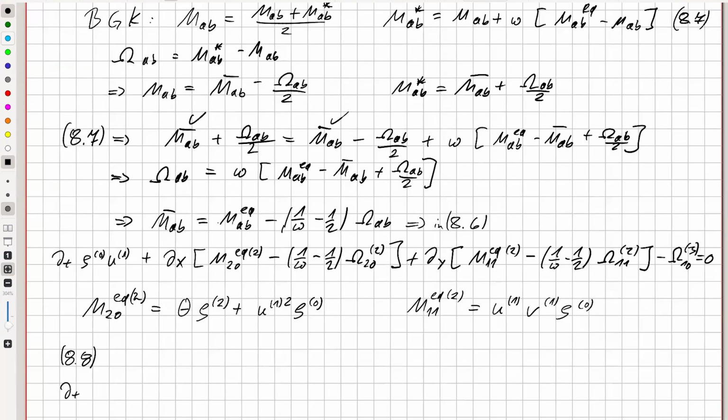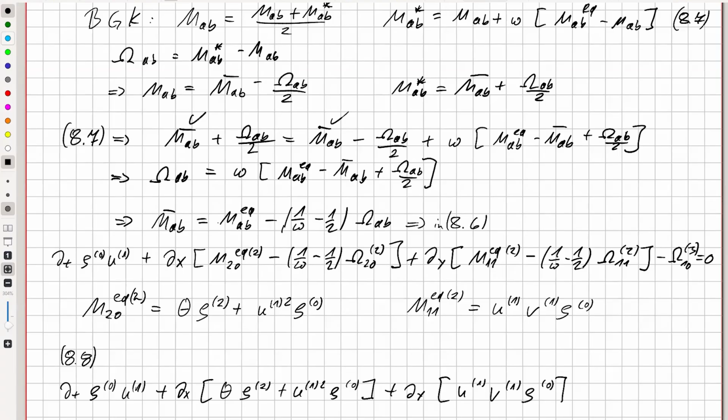So this is dt rho to 0 order, u to first order, plus dx of the equilibrium part, theta rho to second order plus u to first order squared, rho to 0 order, plus dy u to first order, v to first order, rho to 0 order. So this was all the equilibrium part.